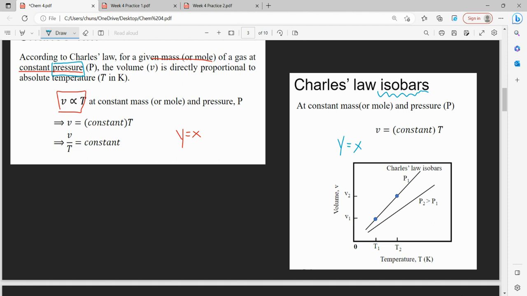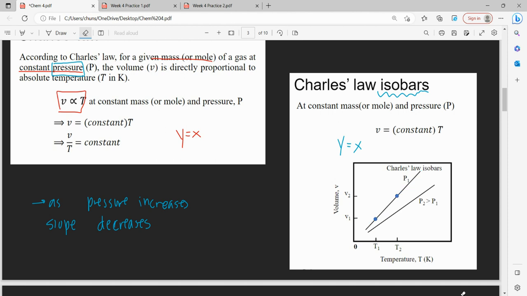So as pressure increases, slope decreases. An isobar line means that this whole line has the same pressure as temperature and volume change proportional to each other.